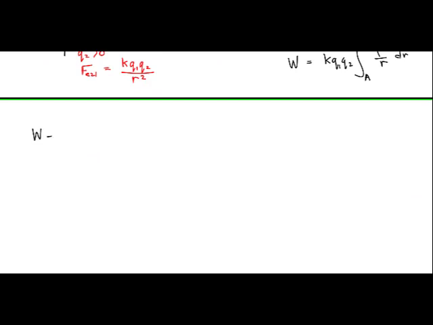We can now evaluate this integral to be minus k times the product of the charges times 1 over r evaluated from our initial position to our final position along the r-axis.